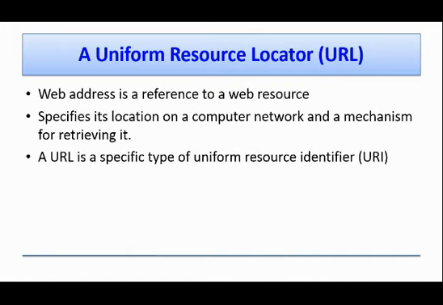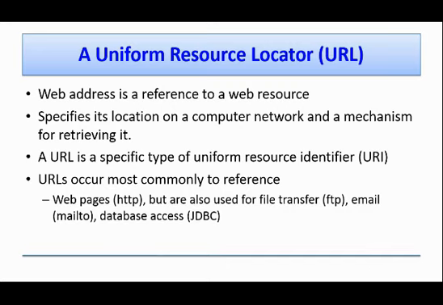This URL is a specific type of uniform resource identifier, or URI. URL occurs most commonly as a reference to a web page, but is also used for file transfer, emails, and database access as well. That means you can access a particular database using its URL. You can access a particular file using its URL. You can access a web page using a URL.